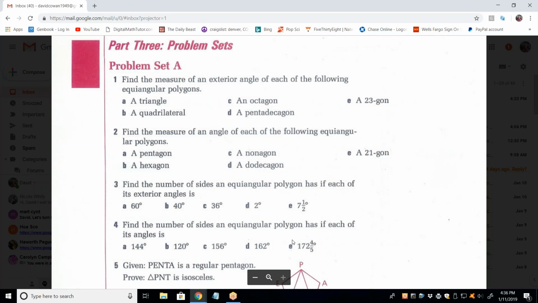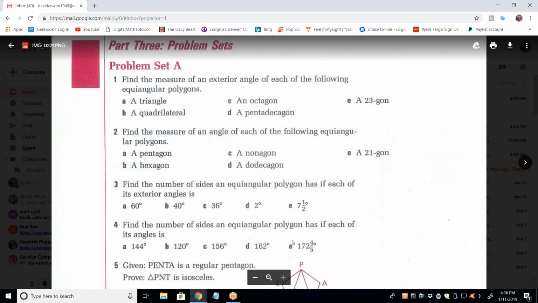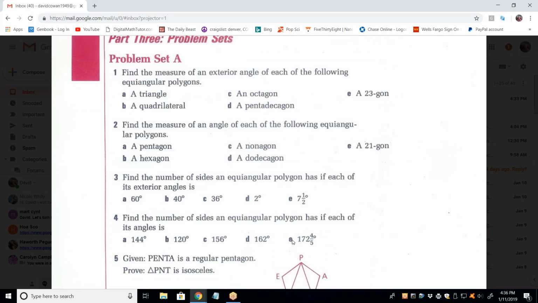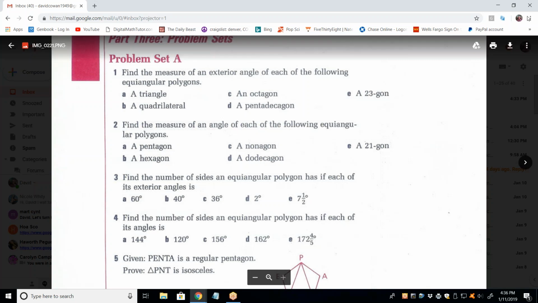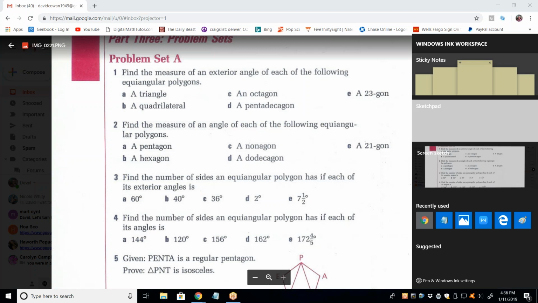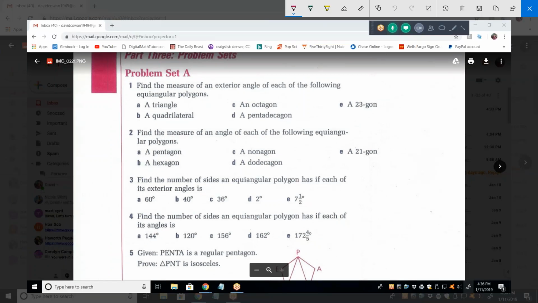All right. So, how are we going to do this one? For A, we could do 360 and then divide it by 3 and then subtract it from 180.